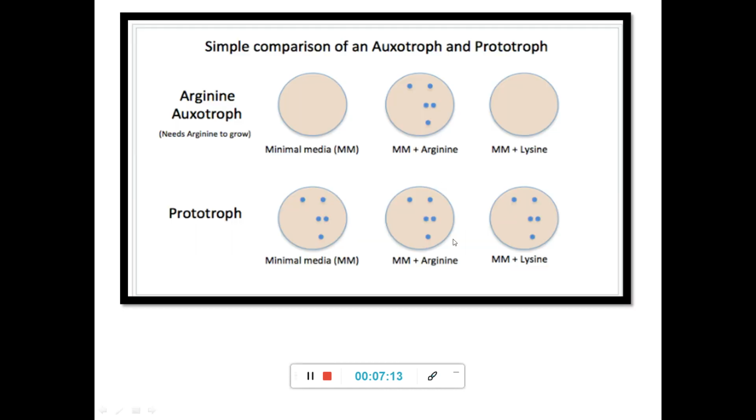This principle of auxotrophy and prototrophy has been used to identify various mutants. For example, in genetic engineering, the identification of clones can be done either by auxotrophy-based methods or by antibiotic-resistance-based isolation methods.